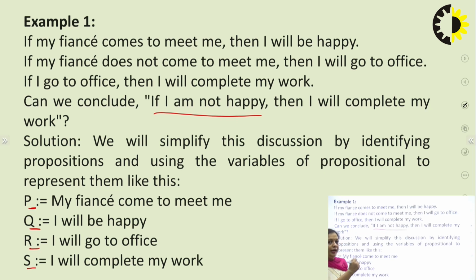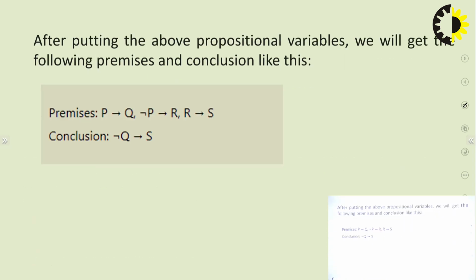So, whenever we get a set of premises, first of all we need to represent them using propositional variables, like we have done here. Next, we'll represent the premises and the conclusion in the form of these propositional variables.